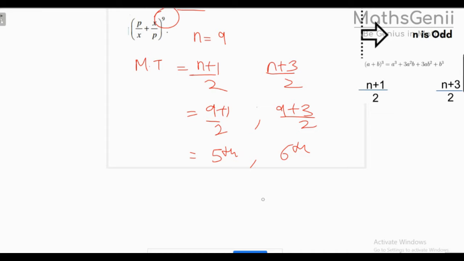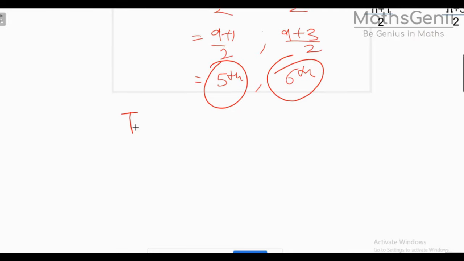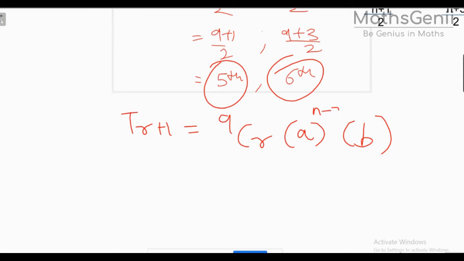So these are the middle terms, but you want to find the value. So let's again apply the formula. You want to find the value of fifth and sixth term. The formula is tr plus 1 is equal to ncr a raised to n minus r and b raised to r.